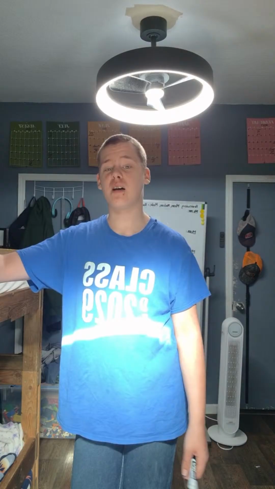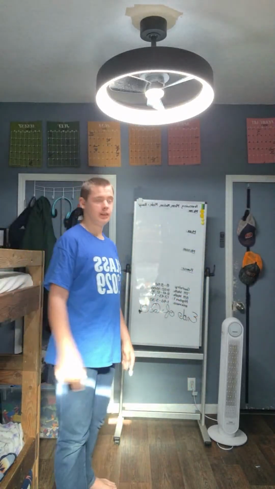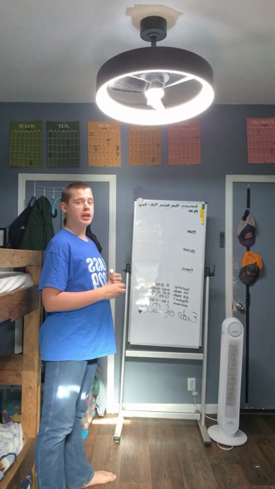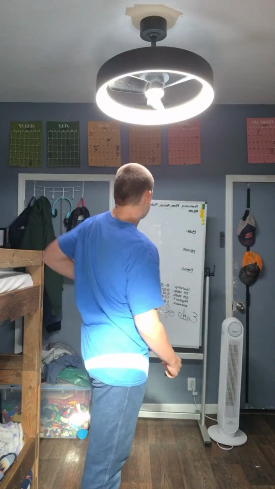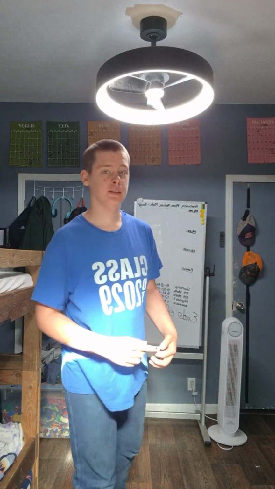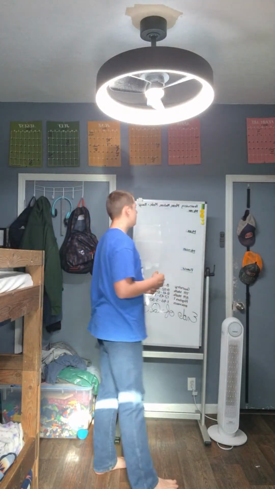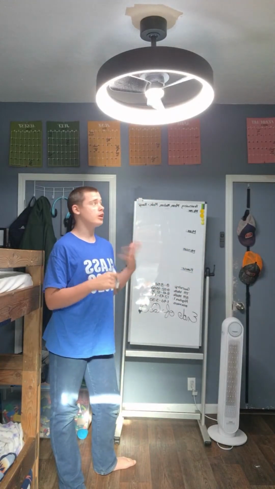If so, then comment down below. Okay. So, mean, mode, median, and range. Okay. So, speaking of which, we're going to be reviewing what mean, median, mode, and range are. So we're actually going to go to that right now.